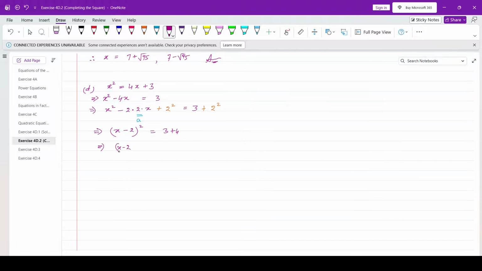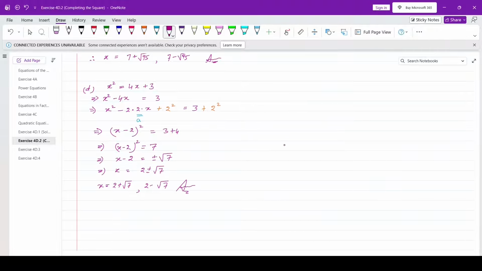So x minus 2 whole square is equal to 7, and x minus 2 is equal to plus or minus root 7. Hence x is equal to 2 plus or minus root 7. So x is 2 plus root 7 or 2 minus root 7.